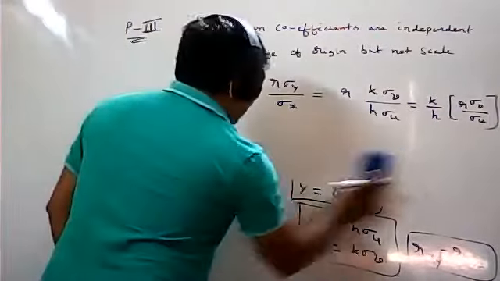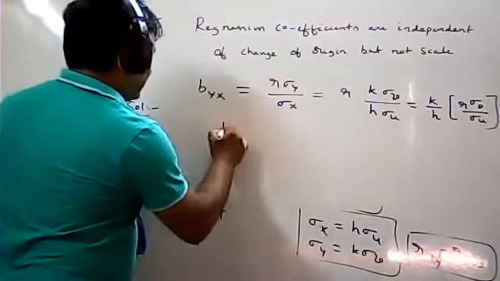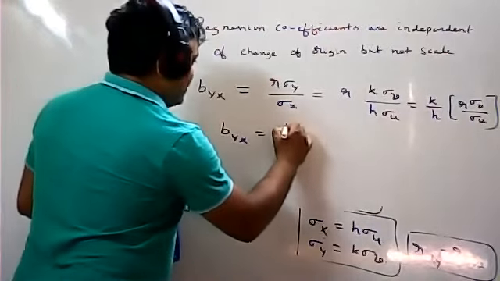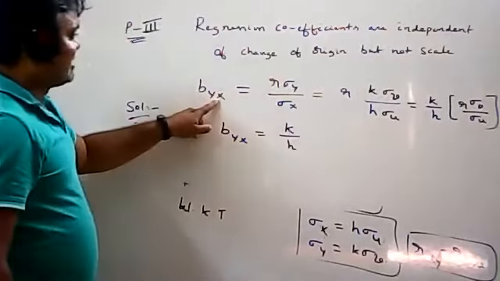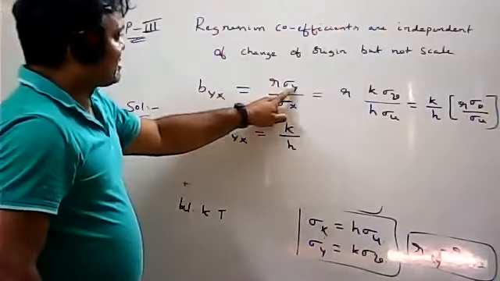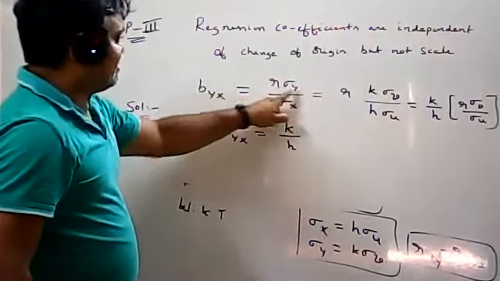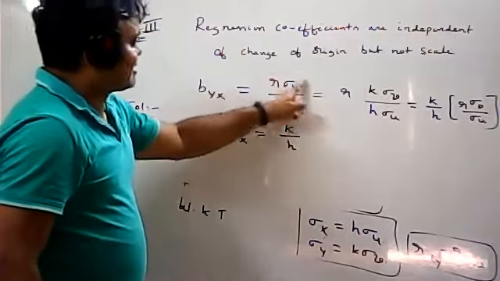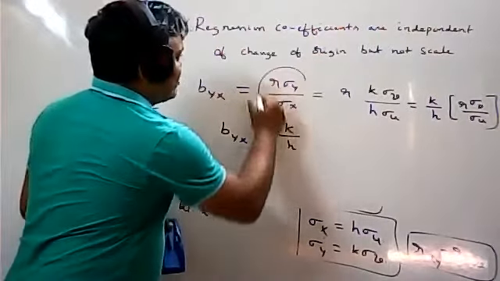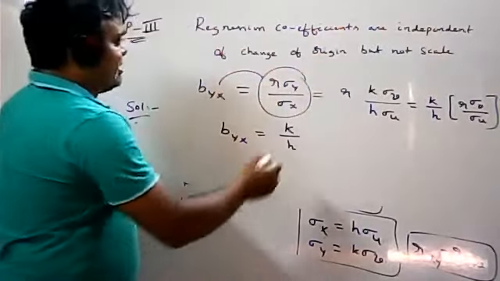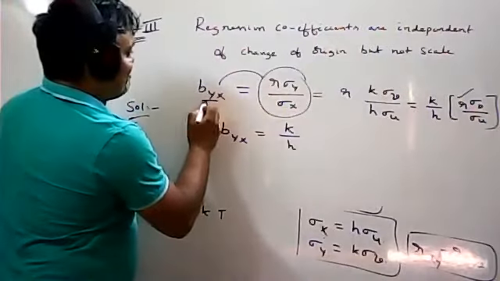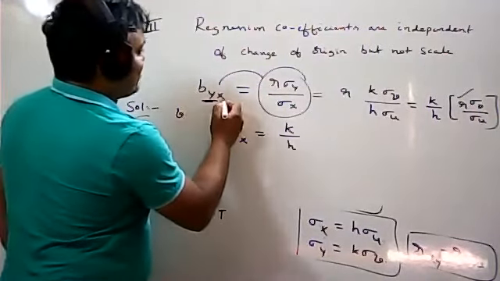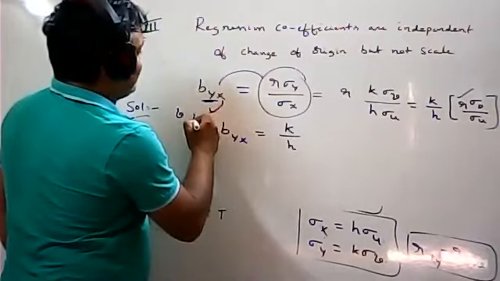So finally, byx equal to k by h into, now see this one. What is the byx formula? byx formula is r sigma y by sigma x. In place of y you have v, in place of x you have u.